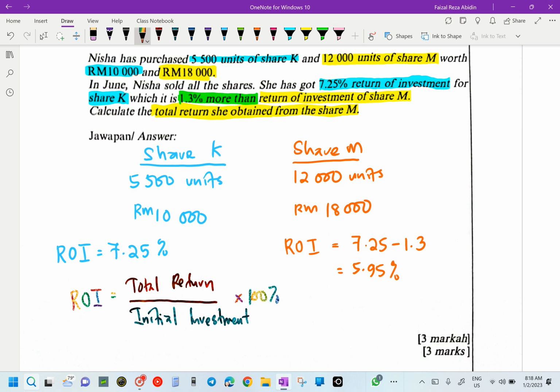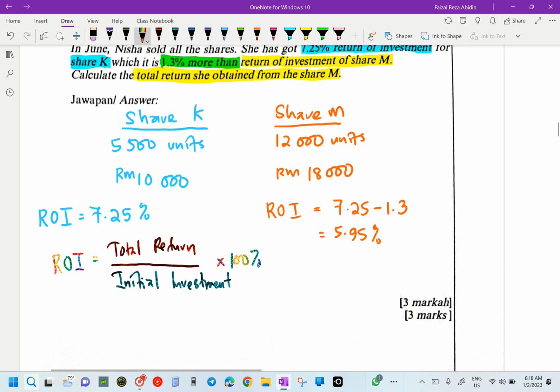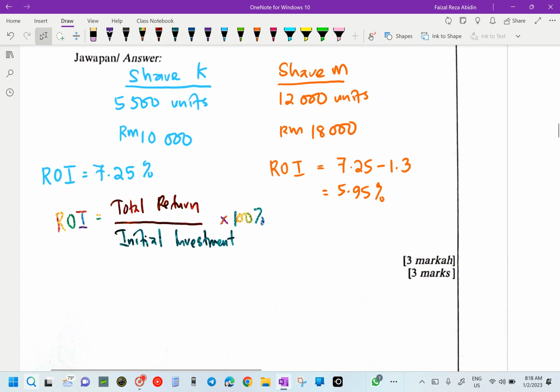The question is asking us to find the total return for share M. To find it, what must I do? Of course, ROI first.